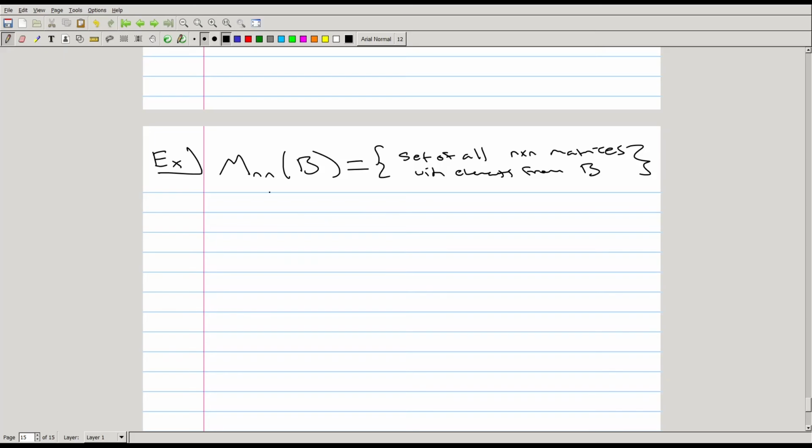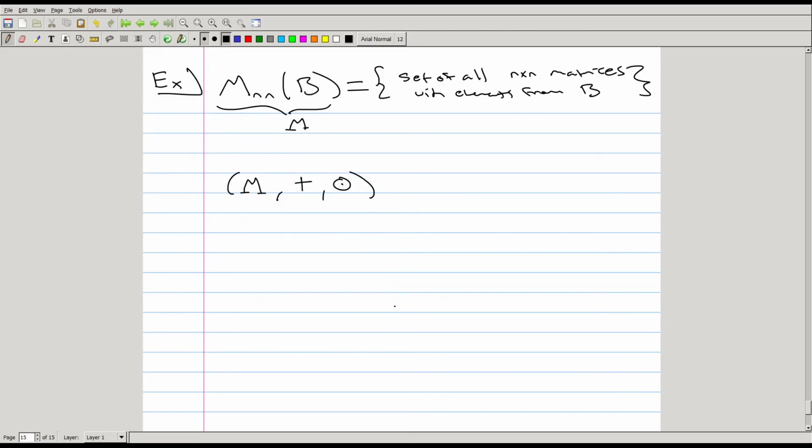And it's relatively easy to show that this set, which I'll call M for short, M with addition and the Boolean product that we defined before, is a non-commutative semi-ring.